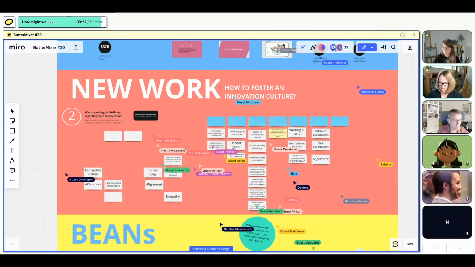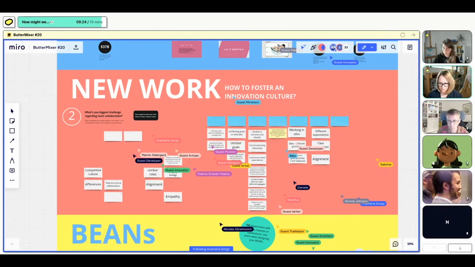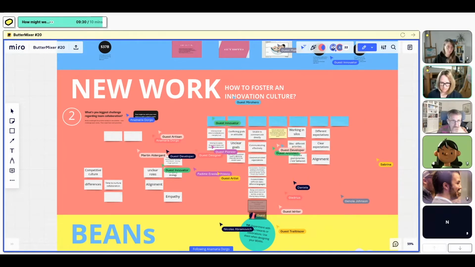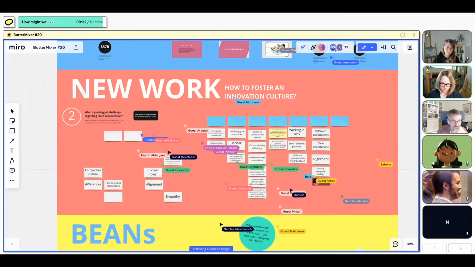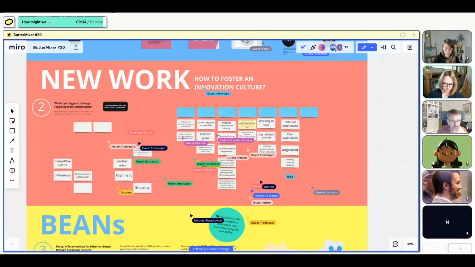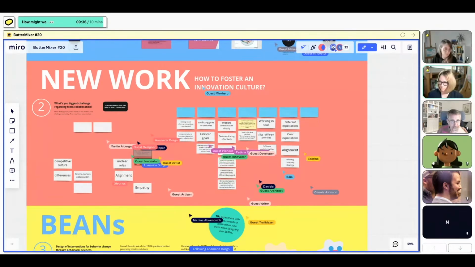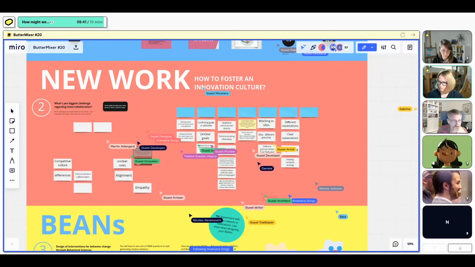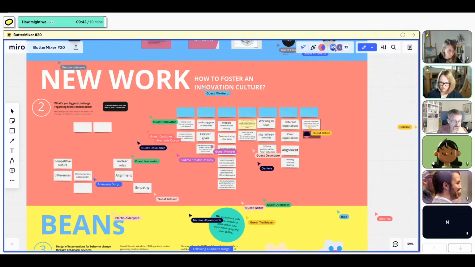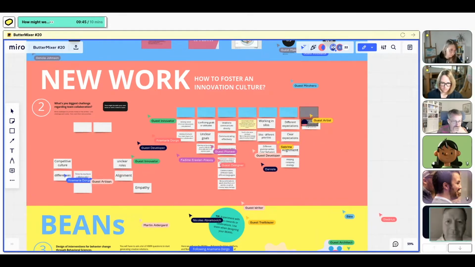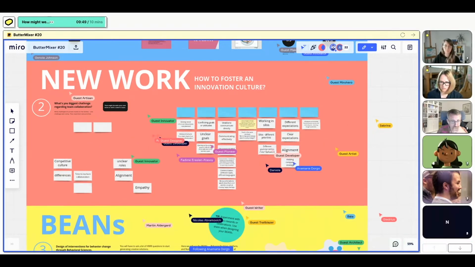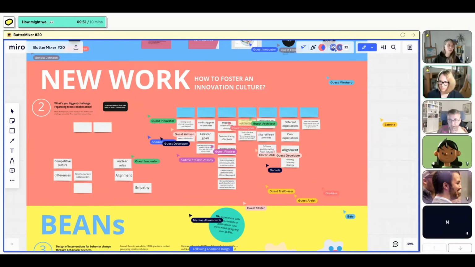And then I invite everyone to vote on what you think are the most critical challenges, the biggest challenges. Has voting started? Not sure. Can you start the voting session?